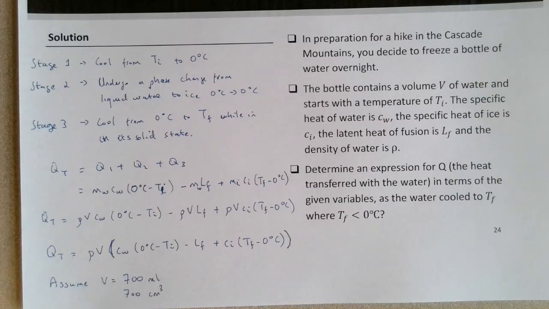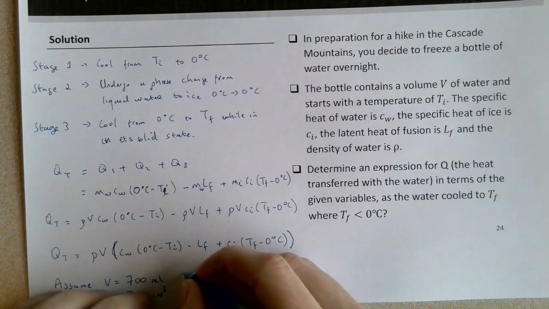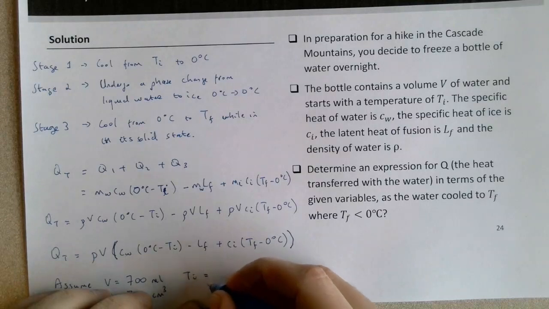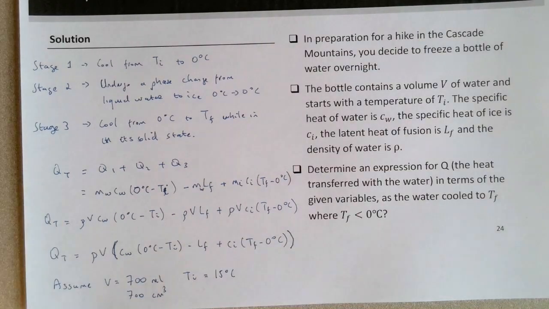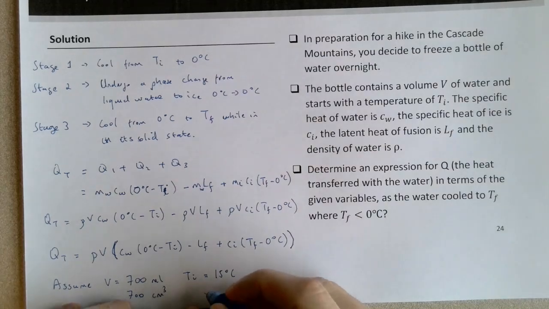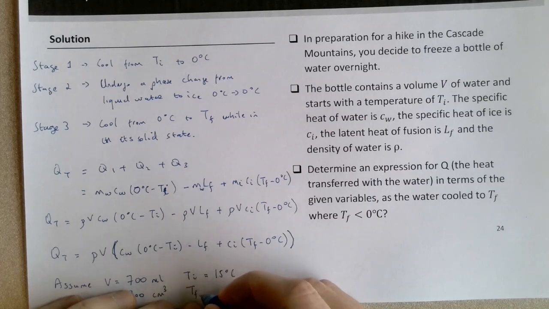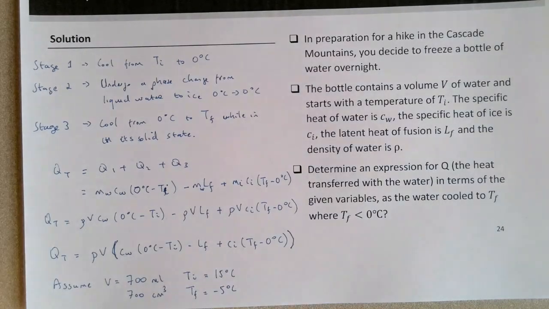And let's say the initial temperature Ti is, I made this 15 degrees, sort of like the temperature of the water as it comes out of the tap. And let's say the final temperature is negative 5 degrees. Determine the value of Q.